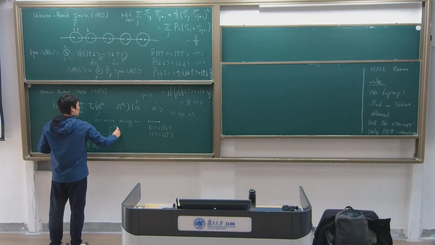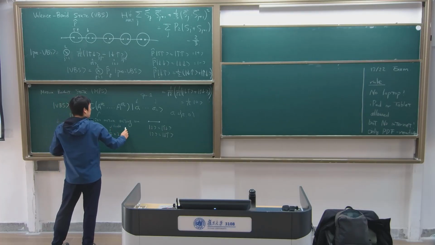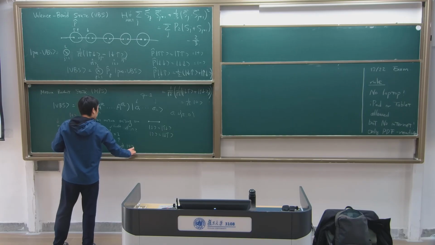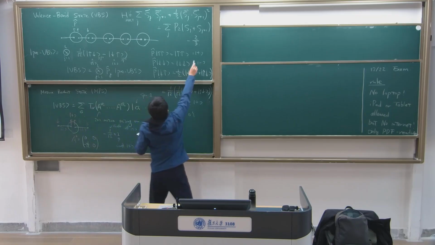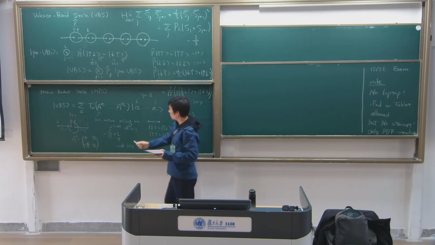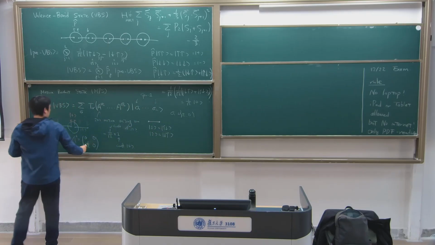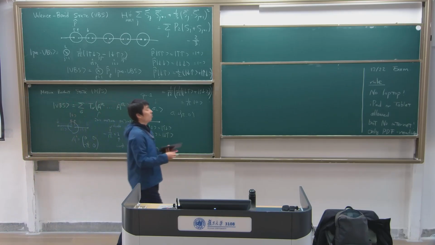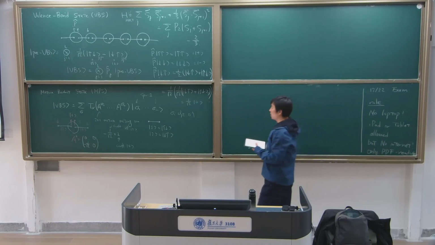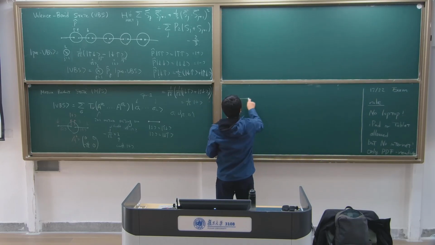This is the coefficient of the 2 state, and this is the coefficient of the plus state. So when you project, you just have a 1, and therefore you have 0, 0, and minus 1 over square root 2.